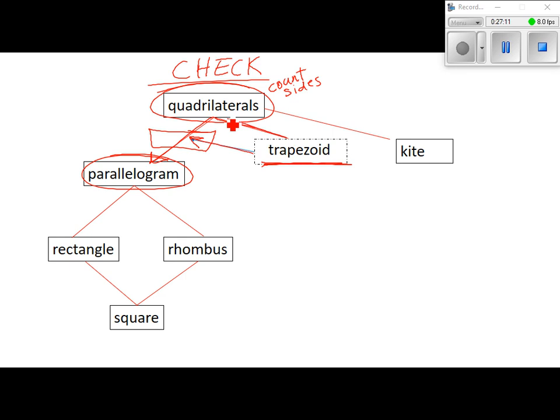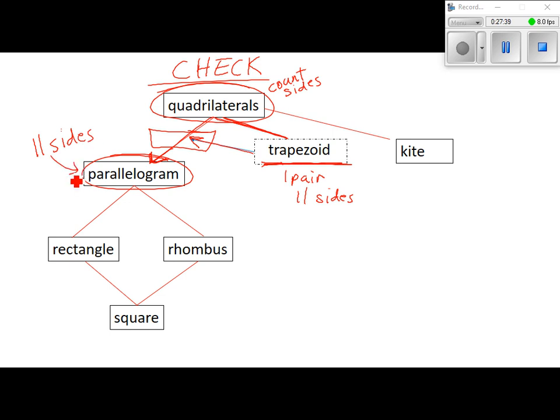In the US, a lot of times we stick trapezoid out here like it's its own thing. So check, see if it's a trapezoid. If it's got one pair of parallel sides, then it's at least a trapezoid, but then we check to see from there if it's a parallelogram. If it's got 2 pairs of parallel sides, then we know it's a parallelogram.